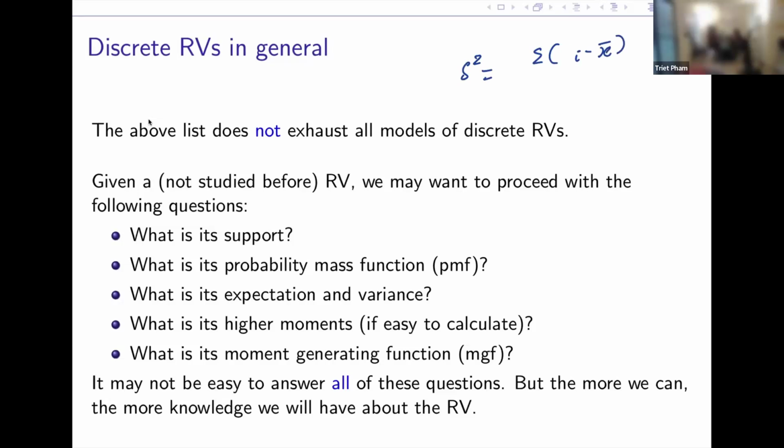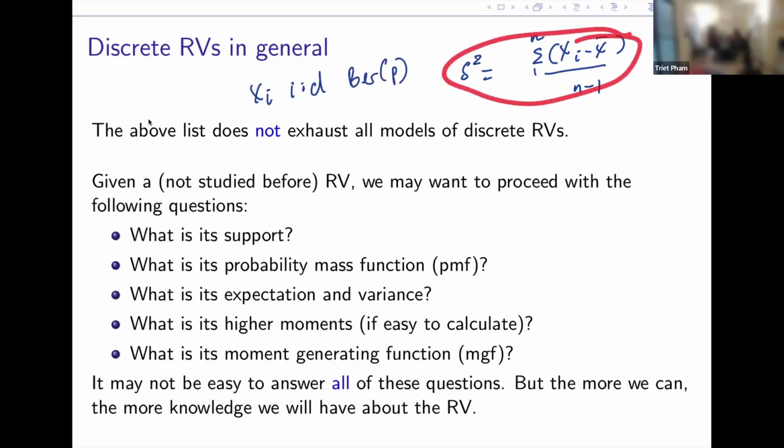I should use capital X. If you have, let's say, Xi iid Bernoulli p, then the sample variance is going to be a discrete random variable. What distribution does it have? Answer: no name. There's no name given to it. It's just the sampling distribution of the sample variance.